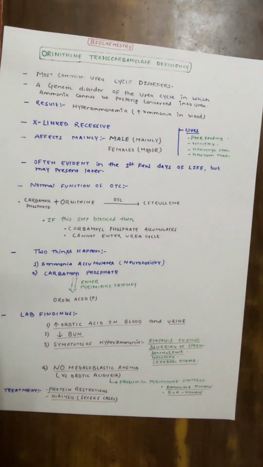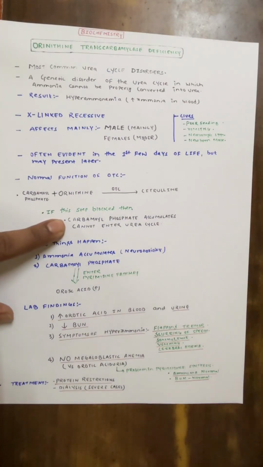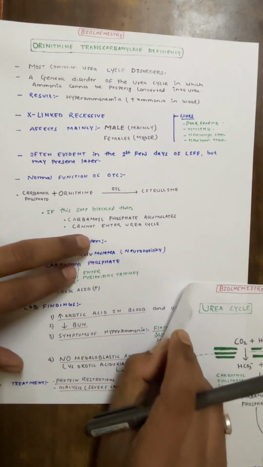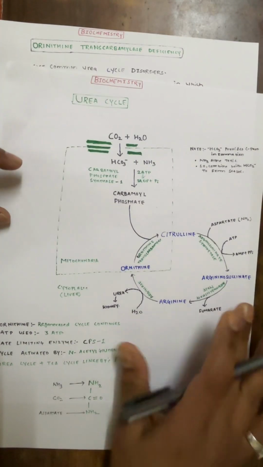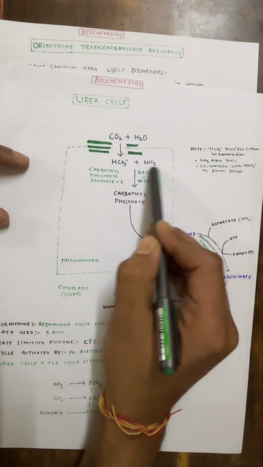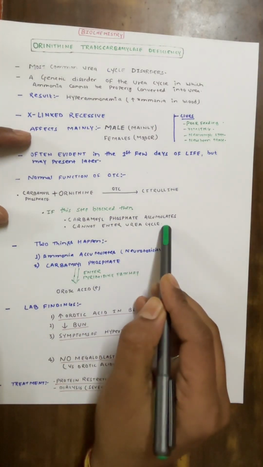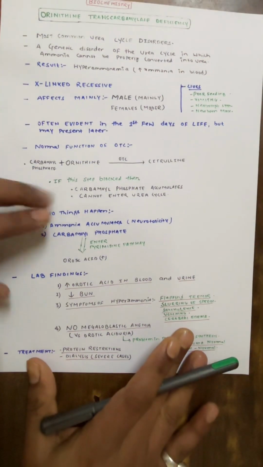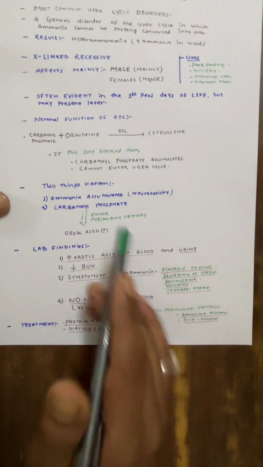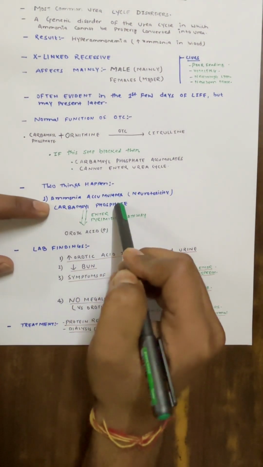This is the normal function. Now, suppose this step is blocked, then carbamoyl phosphate will accumulate because it will not proceed further, and ammonia will also accumulate in the body. So the urea cycle cannot move further and carbamoyl phosphate will accumulate. Now two things happen. What are the two things? One, ammonia accumulates, another is carbamoyl phosphate.